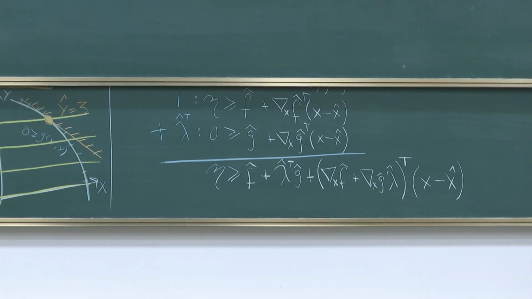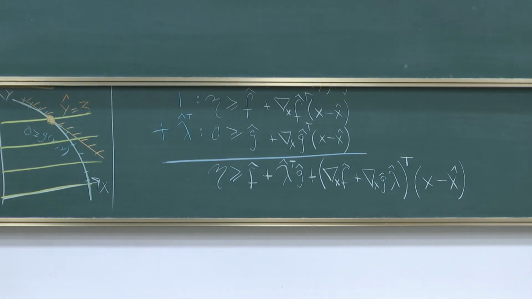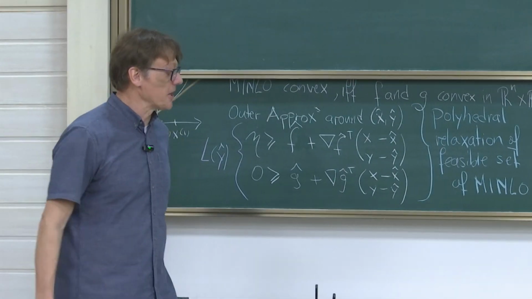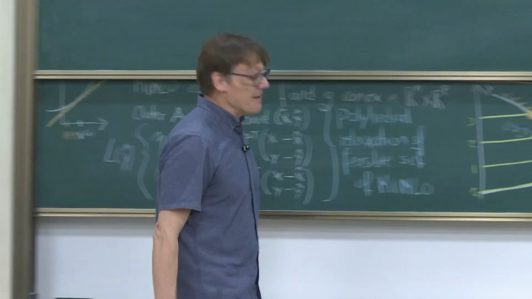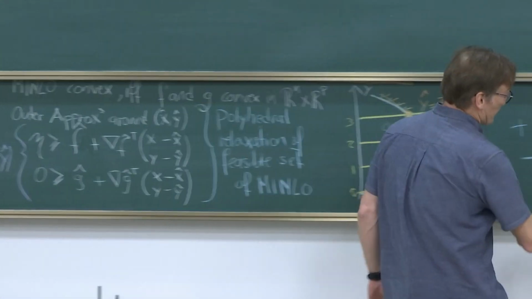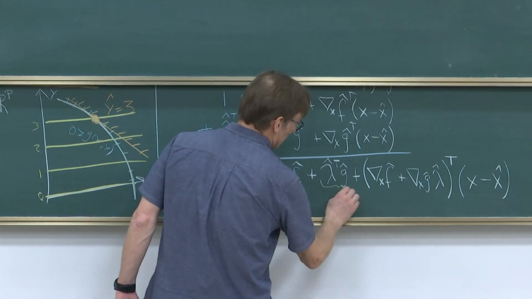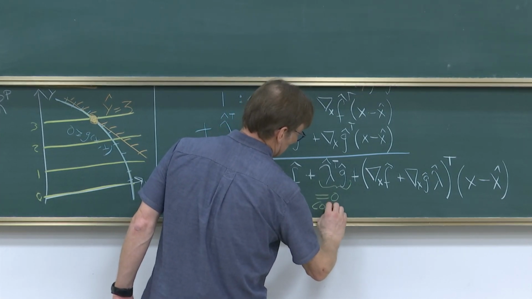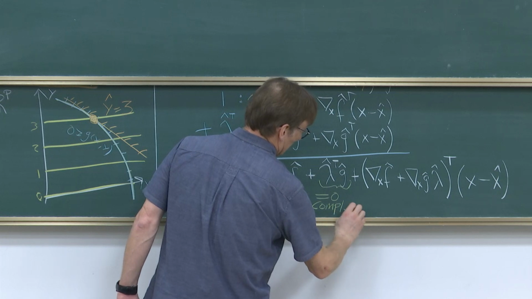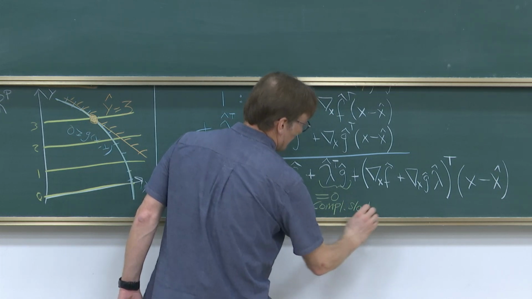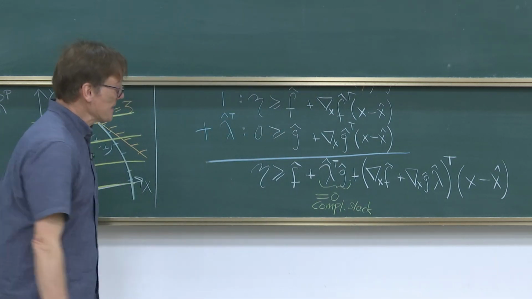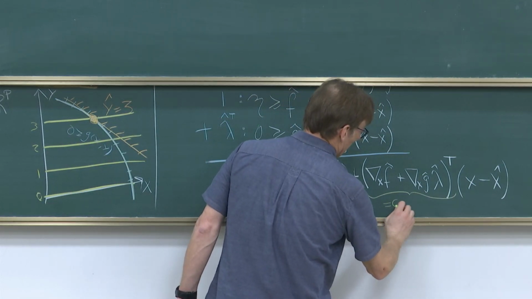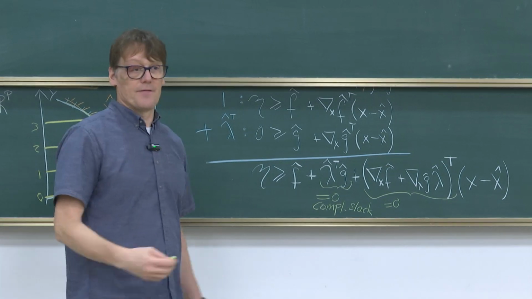Okay, so who remembers our favorite KKT conditions from about 20 minutes ago? If you do, then you will notice that this term here, or if you look it up, is 0 due to complementary slackness. So that's nice. And this term here is also 0 because of the first order condition.